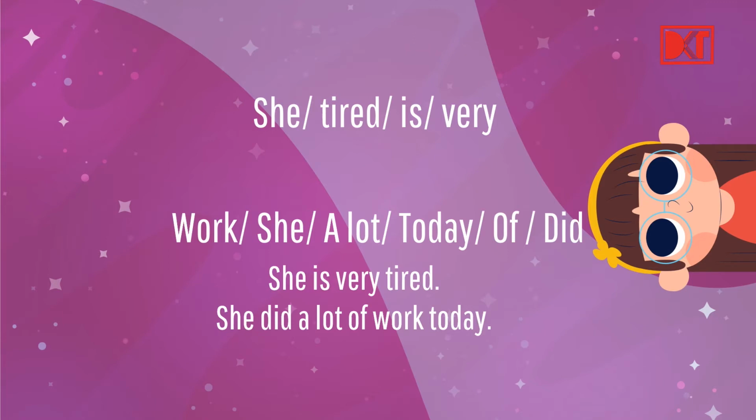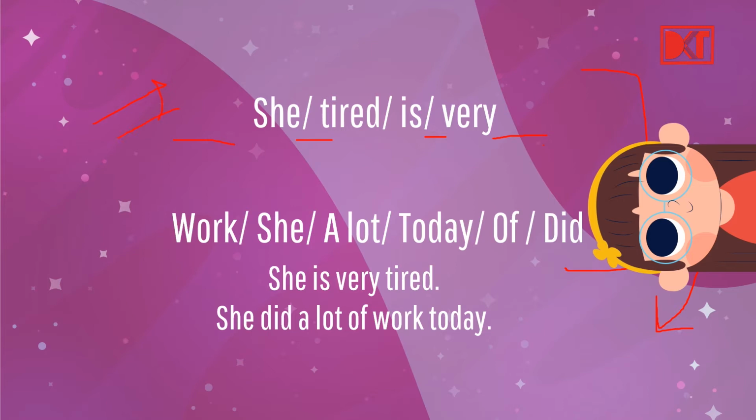Alright, so here you see we are given a few jumbled up sentences. These are the jumbled words and then we have to form a meaningful sentence. Let's see the first one. She tired is very.